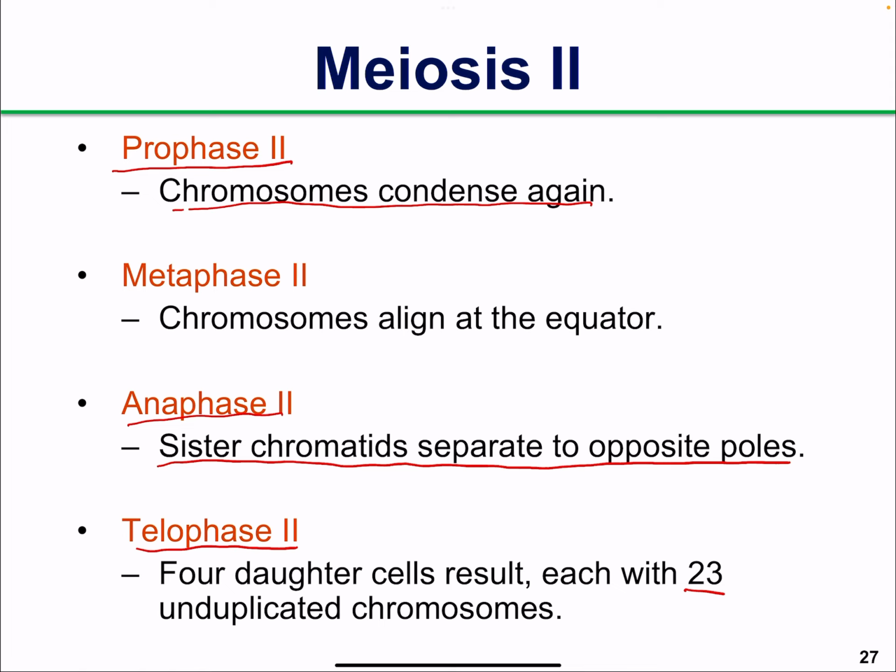I'm not talking in terms of quantity of genetic information, but in terms of quality of the genetic information, because technically all 4 daughter cells should have the exact same amount of genetic information, which is 23 chromosomes in an egg cell and 23 chromosomes in a sperm cell.